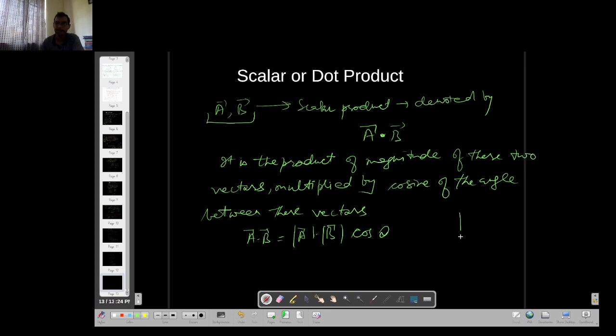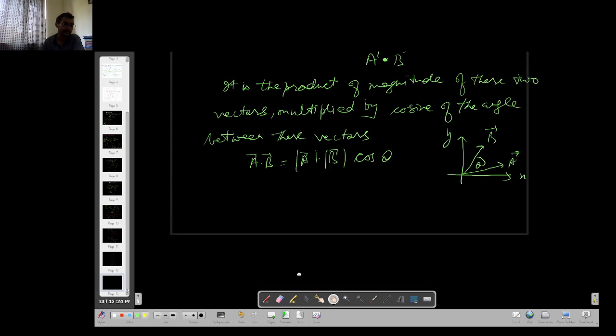So that means if I am having a vector A, say it is x-axis and y-axis, and here it is a vector A and here is another vector B, then if theta is the angle between them, then their dot product is defined like this, right?